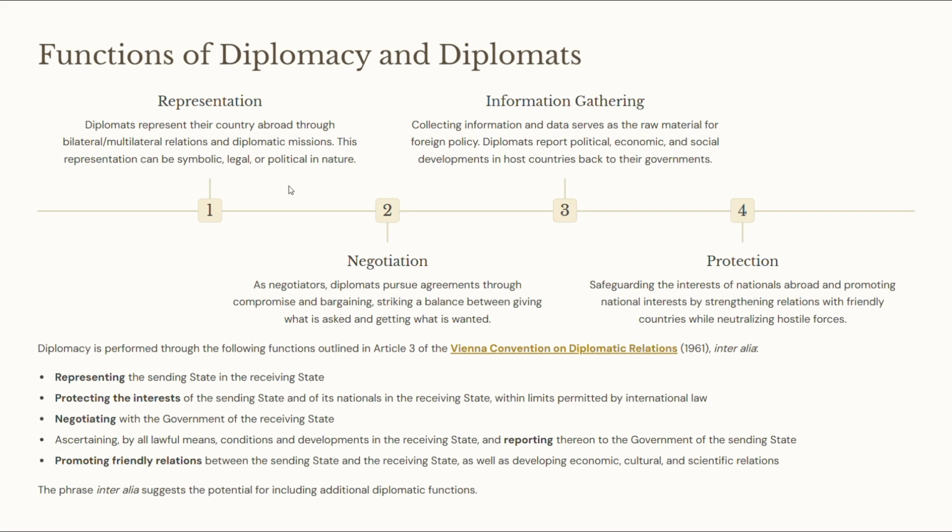So before that, there is a framework or treaty, the Vienna Convention on Diplomatic Relations. It is a framework that provides the outline for how diplomatic relations should be conducted, and it is also an important document in international relations, international law, and the conduct of diplomacy.